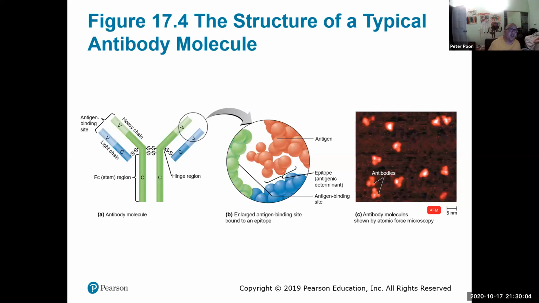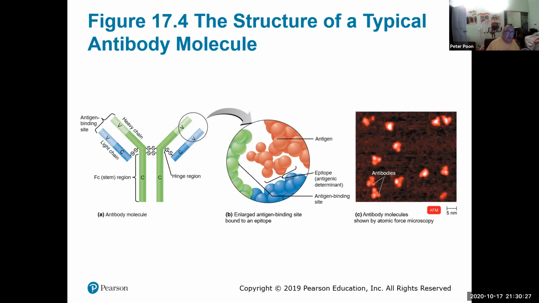The antigen binding sites are going to be different for every single B cell, and that will allow each of these B cells to bind a slightly different antigen. So all the B cells in your body will work slightly differently and attack a slightly different antigen.